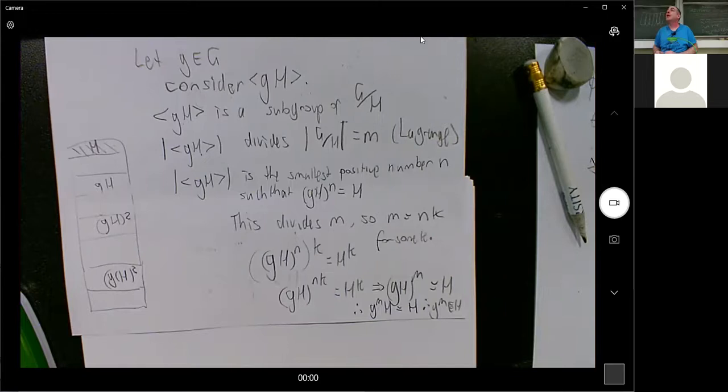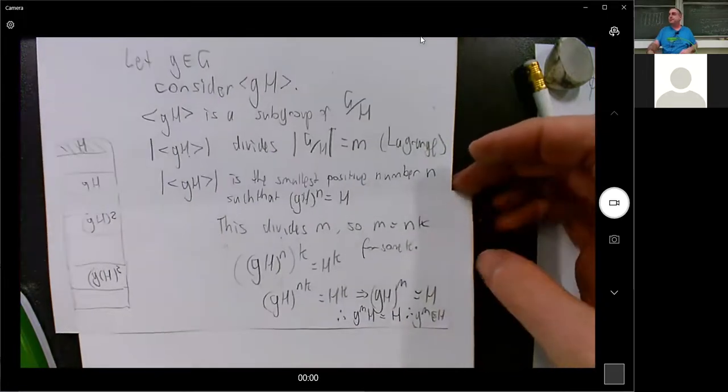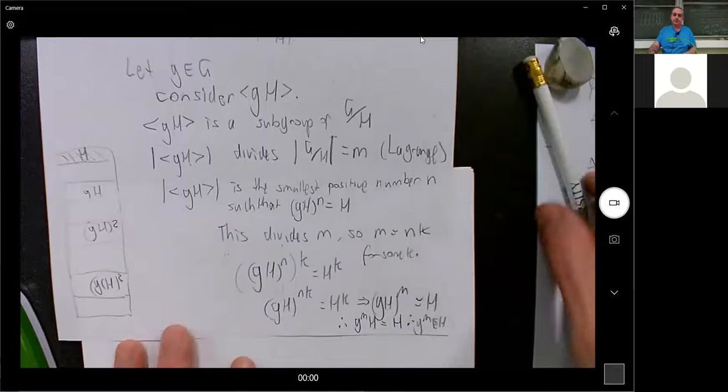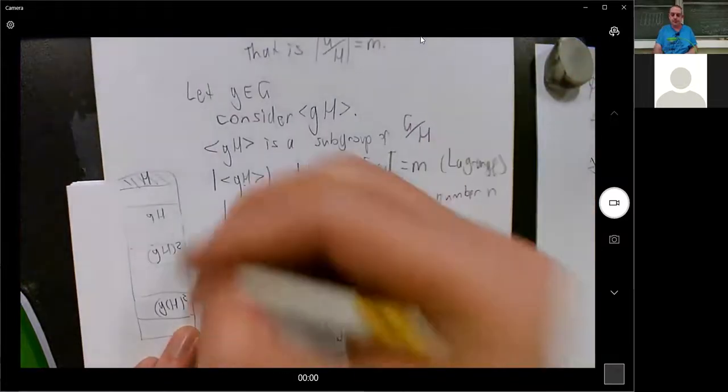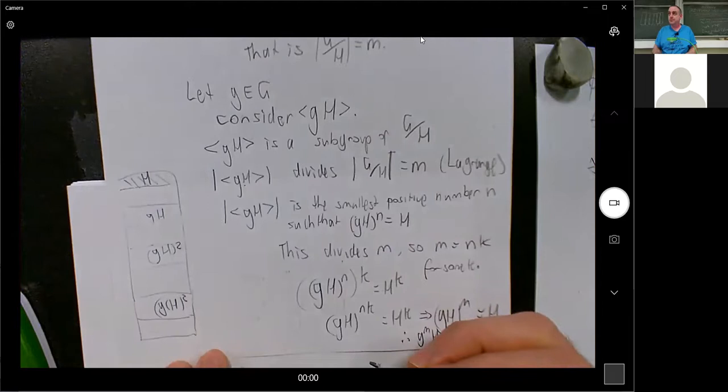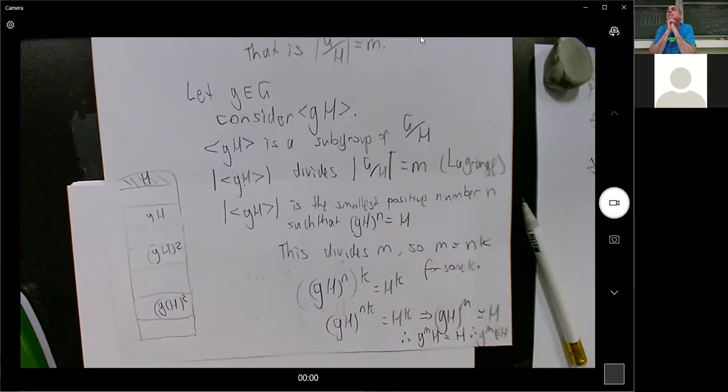Yes, H is a coset of H. So in a sense that means that H is a power of everything, H to the power of everything. So any element to the power of the size of the group that it's in is the identity. Definitely.